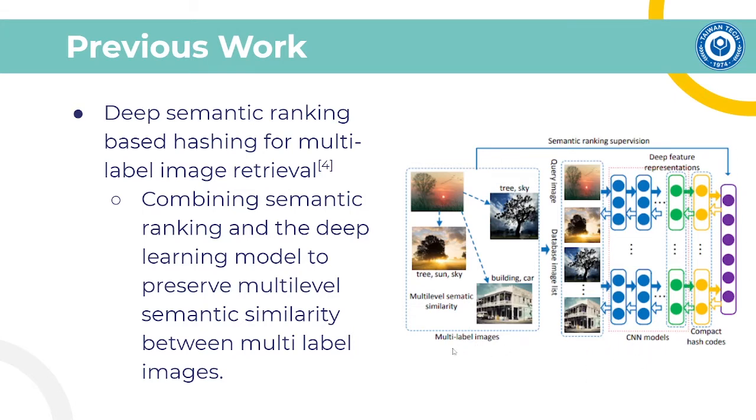So they have multiple labels in a single image, and they provide the ranking based on how similar the query image and the image that has the label are. By combining this, they preserve the multi-level semantic similarity between the multi-label images to generate the hash code.